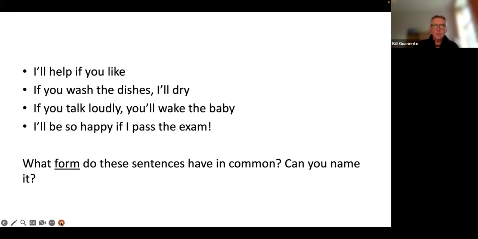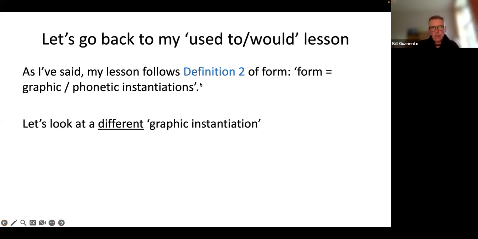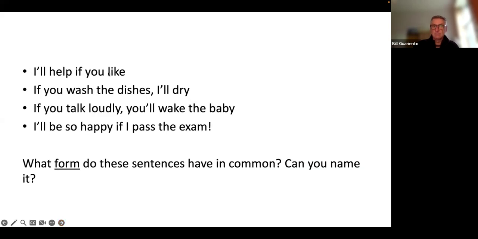If we go back to Ellis's definition of form, which is form equals graphic or phonetic instantiations, then we have another thing as teachers we have to think about. Do we teach forms, the first conditional, or do we teach functions?